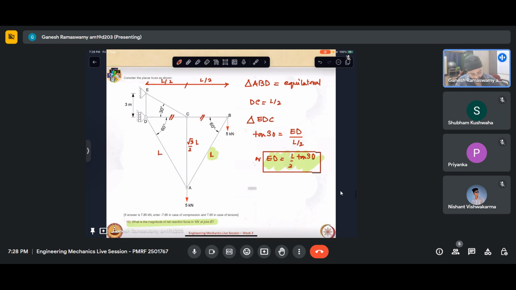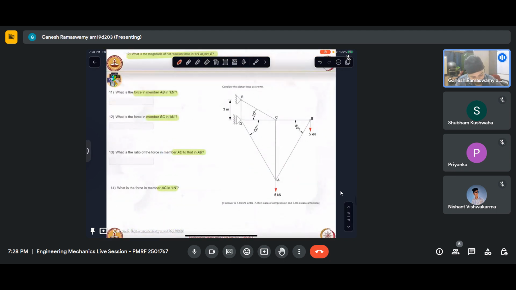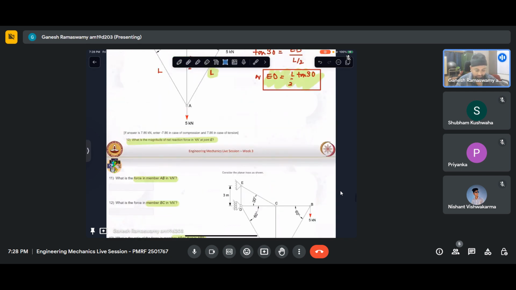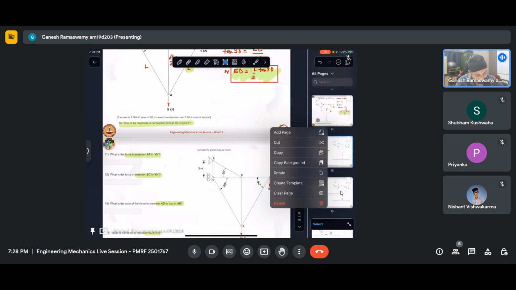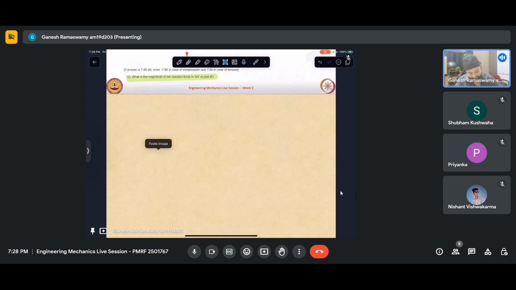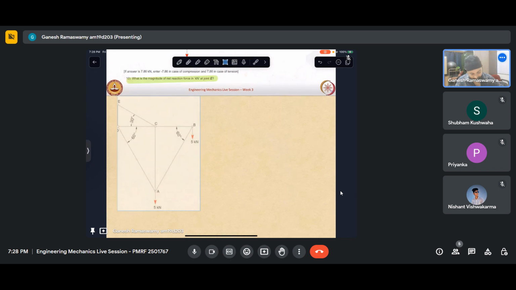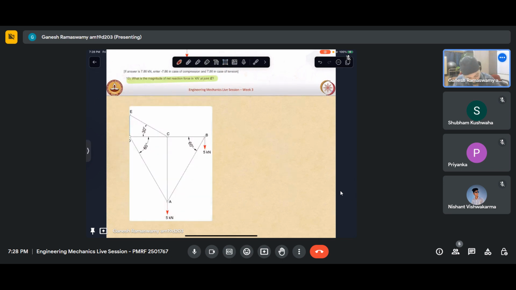Now let us take this section and we have to first calculate the reactions. So the first step is to draw the free body diagram. So let us draw that. This is joint D, this is E, fine.